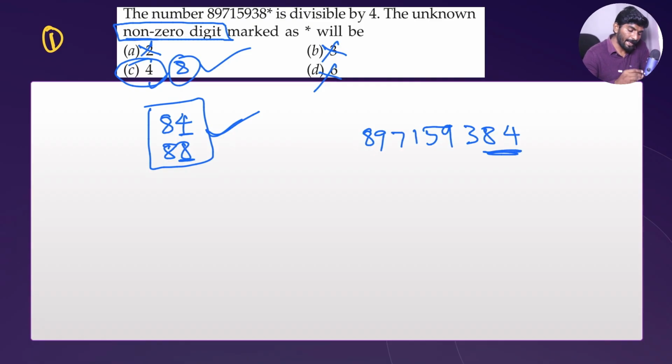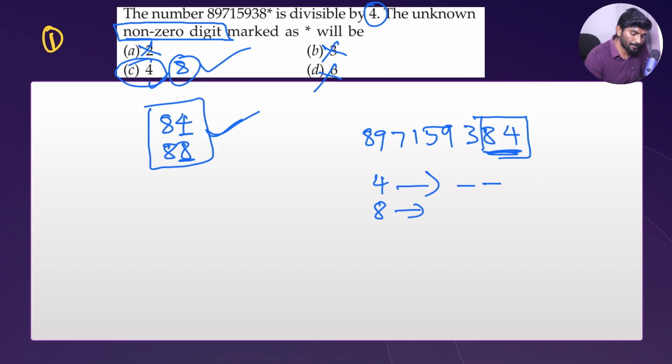This will be exactly divisible by 4 because we have to concentrate on the last 2 digits only. For 4, last 2 digits. For 8, last 3 digits. For 16, last 4 digits. For 32, last 5 digits.